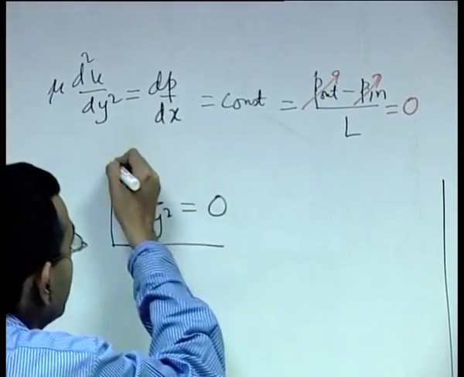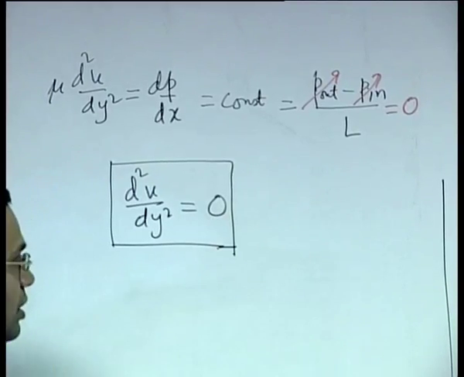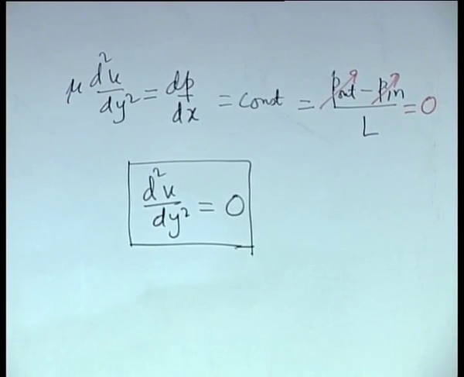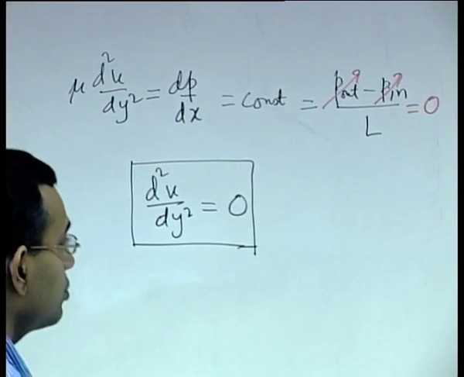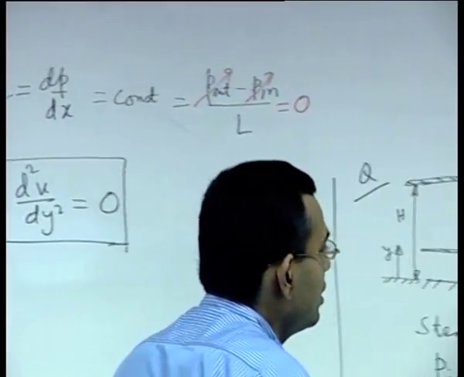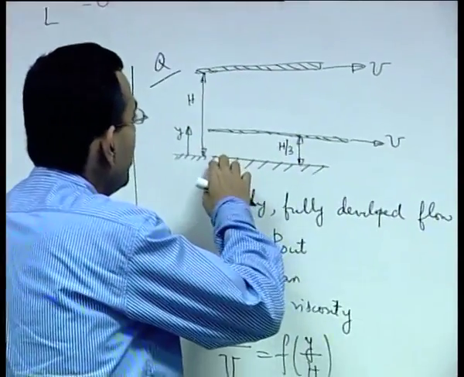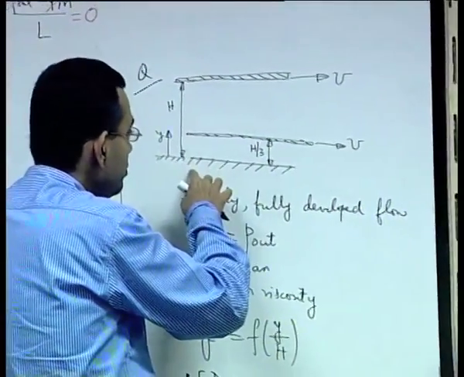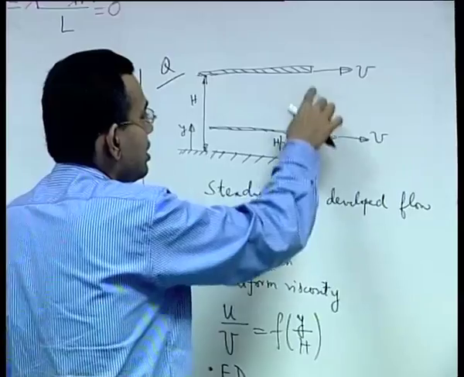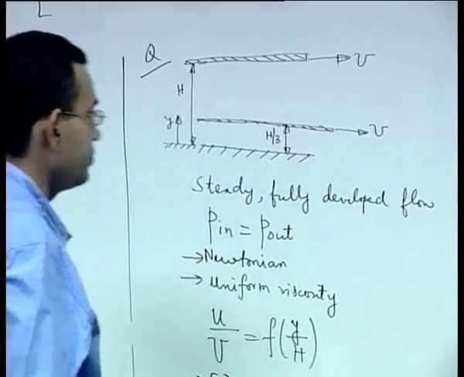So, once this equation is there, next we are interested to solve this equation by different methods. Now, what you can see here is that you have the domain between 0 to h, and in between a plate is inserted which is moving at the same velocity as that of the top plate.